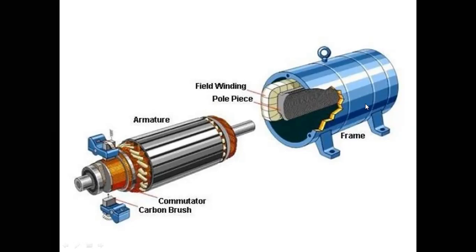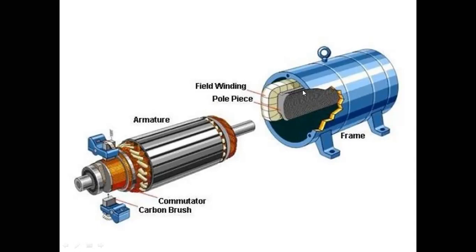So we can say yoke was made up of iron, but we can make that yoke by using steel also. If we are using steel instead of iron, you will get rolled steel that will develop magnetic and mechanical properties to generate the EMF. So here we can use steel also.